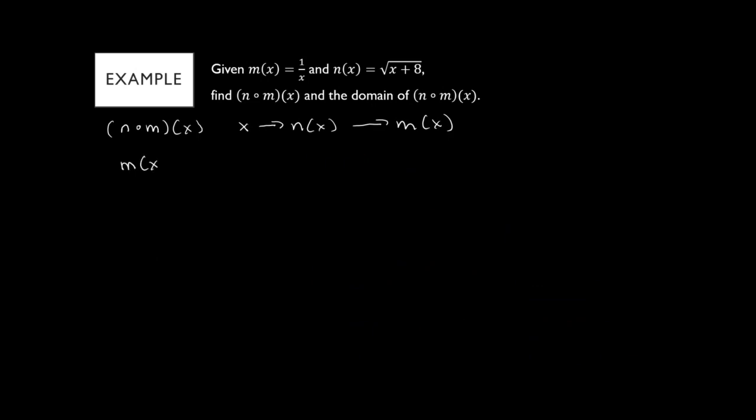So m of x is the inside function in this case, and that is, nope, I wrote it backwards again. Maybe I should not have used the letters N and M because I'm clearly getting them confused in my head. So first we're going into M and then into N.